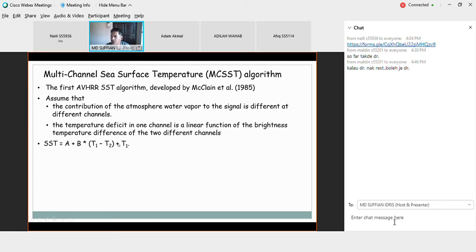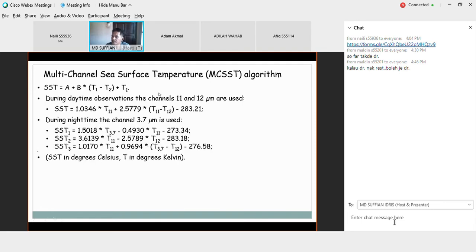Kalau kita tengok kat sini, kita cuma cari dia punya coefficient A and B. And then this one is a brightness temperature at channel 1 minus channel 2, and plus channel 1. So it's a very simple formula.